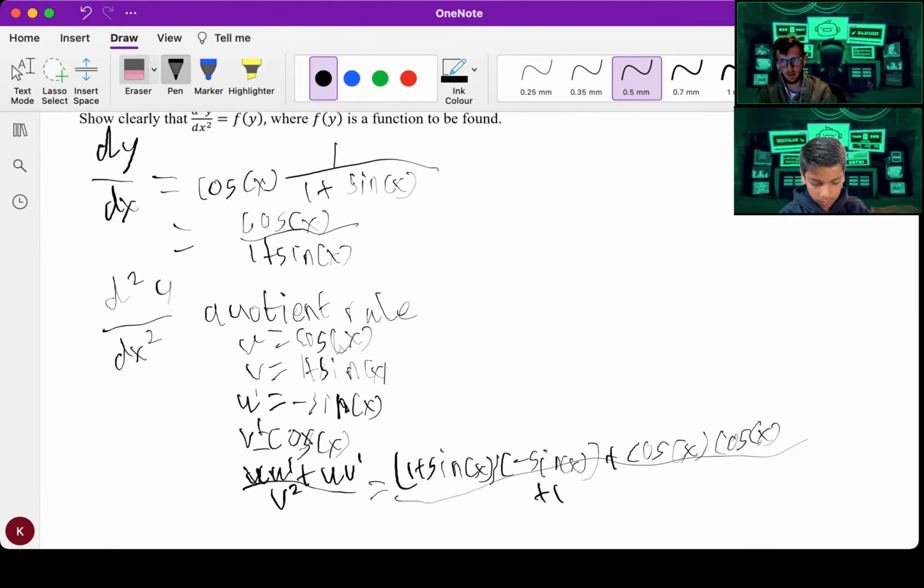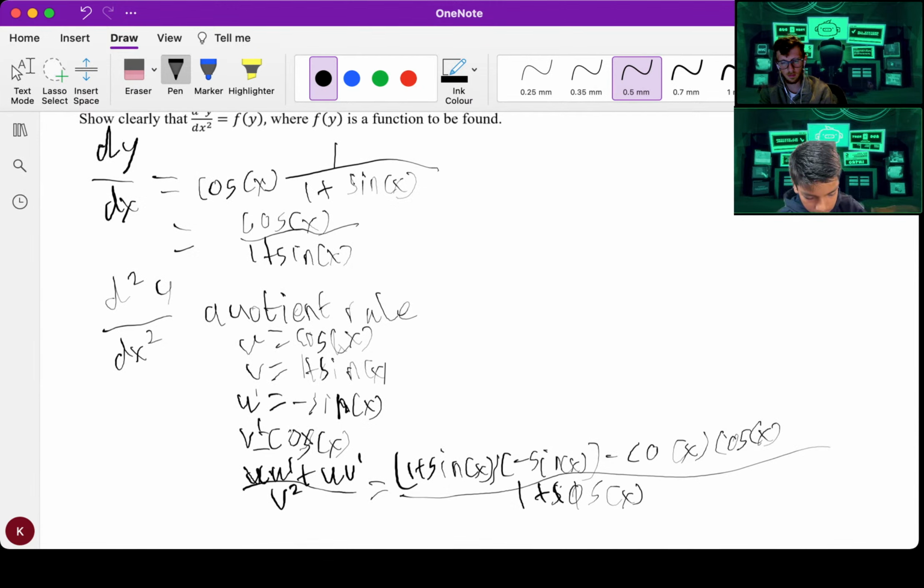It should be minus, so remember quotient rule. Oh yeah. It's vu prime minus uv prime. Divided by 1 plus sine of x squared. Good, yeah. All over v squared, 1 plus sine of x all squared.